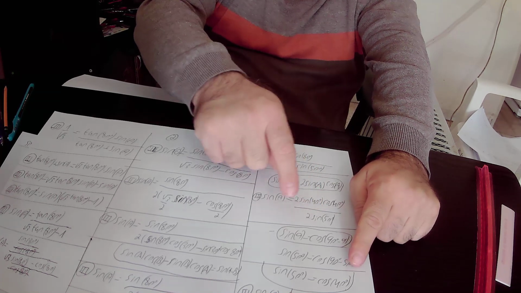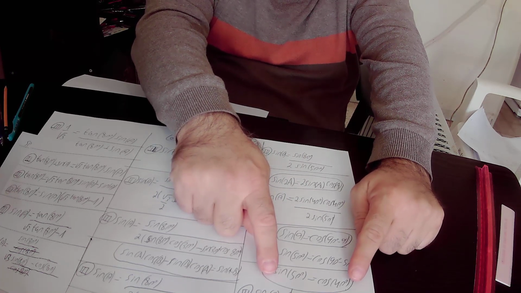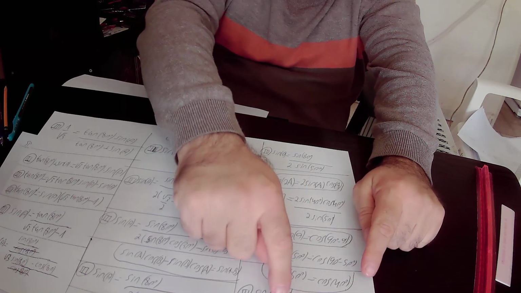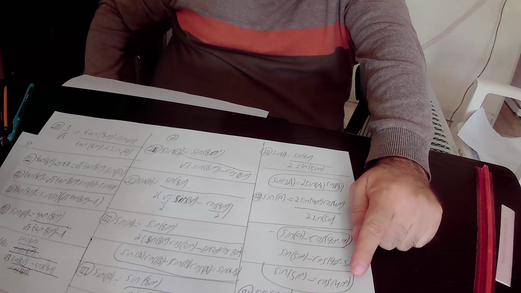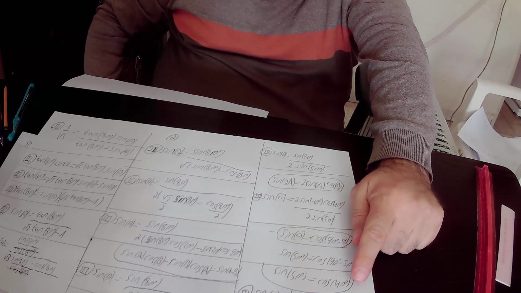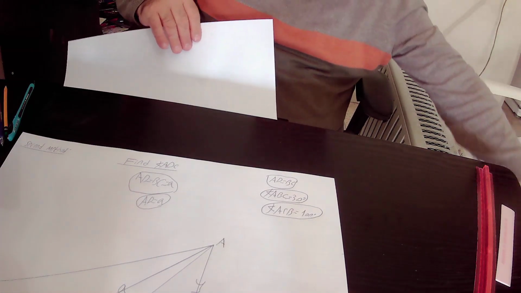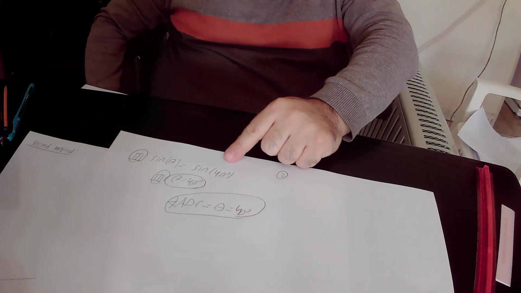We did it and we got that sine theta equals 2 sine 40 degrees cosine 40 degrees over cosine 40 degrees. 2 over 2 is 1, so 2 will get cancelled. Cosine 40 degrees over cosine 40 degrees is 1, so cosine 40 degrees will also get cancelled, and we are left only with sine theta that equals sine 40 degrees according to equation number 3.